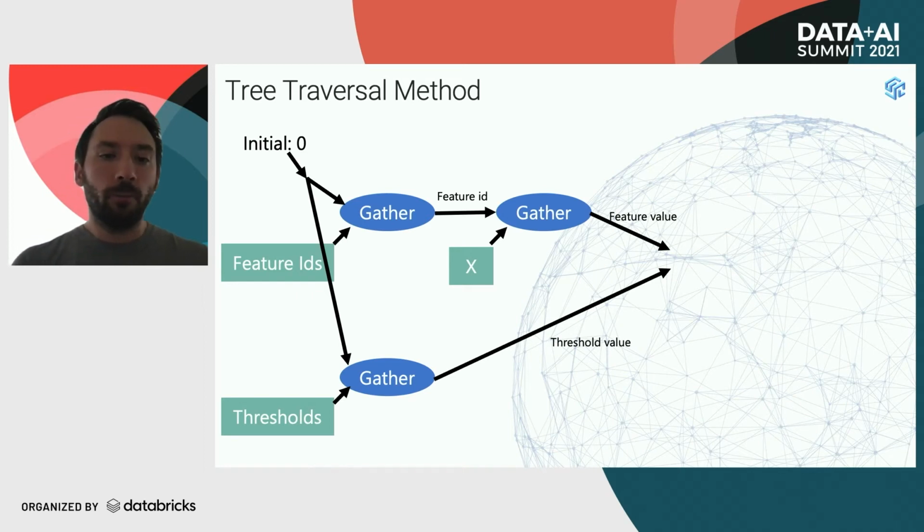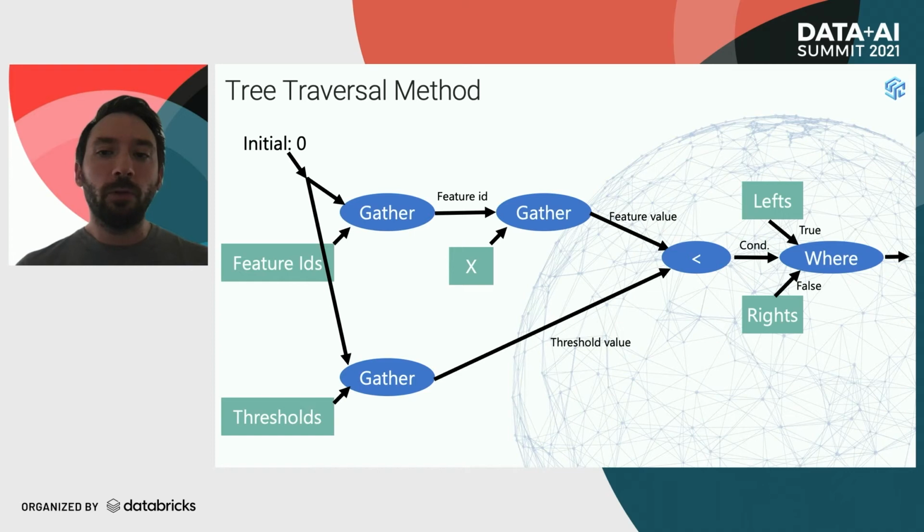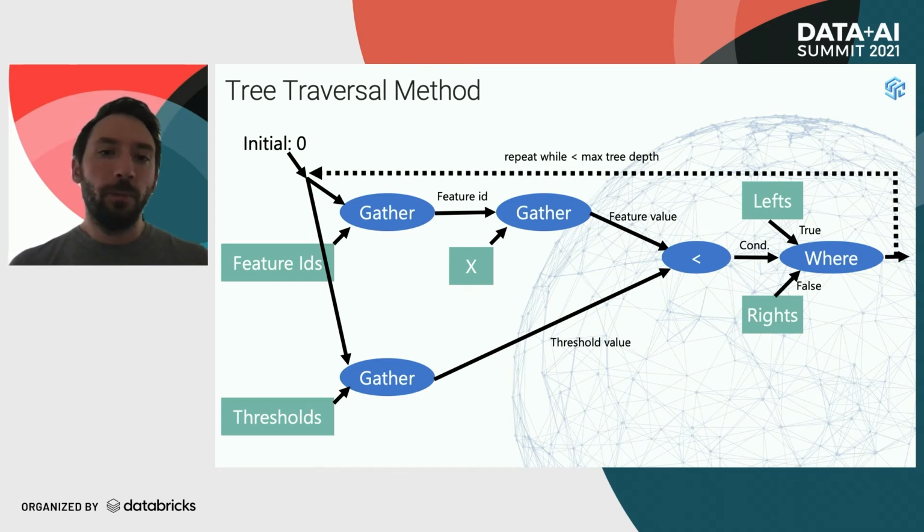At this point we have all the values that we need, so we evaluate the feature against the threshold stored in the tree. Then we use the where tensor operation to say: if the condition evaluates to true, do a lookup over the left vector, otherwise do a lookup on the right vector. This tells us the next node that we have to look at. We repeat this algorithm until we reach the max depth of the tree.